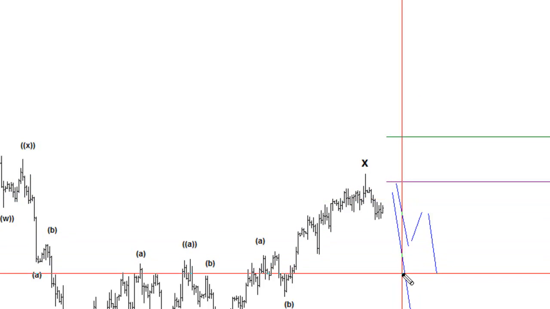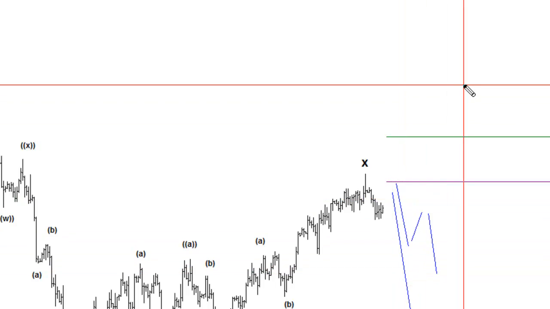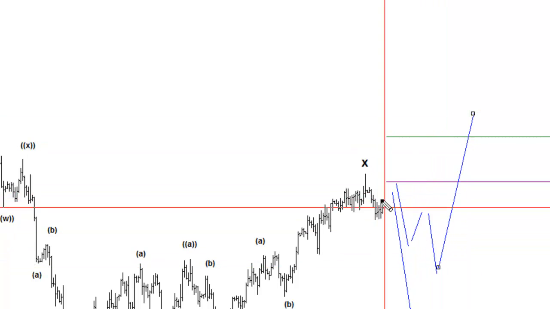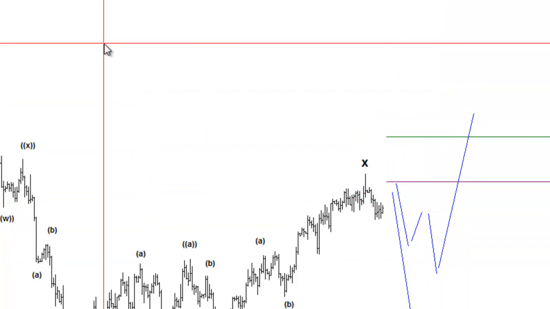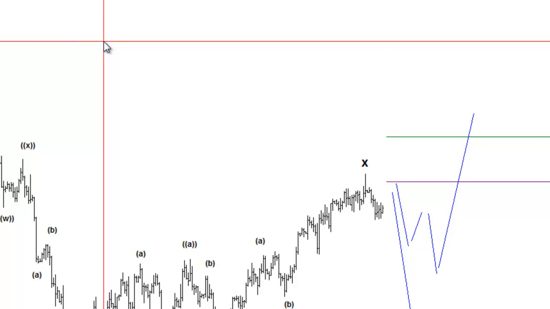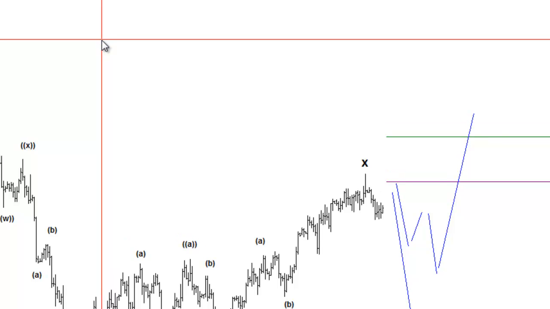In other words, more US dollar weakness before any strength, if it's going to happen. Either one of the two scenarios that we're showing, either this one or this one, but we need more data. With the data that we have right now, we don't have enough to say which of the two is going to take place.